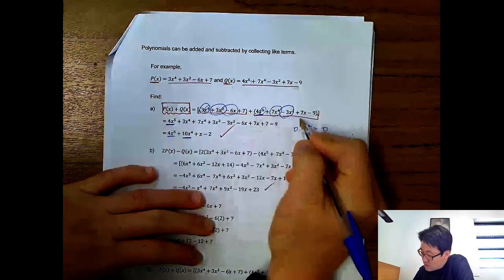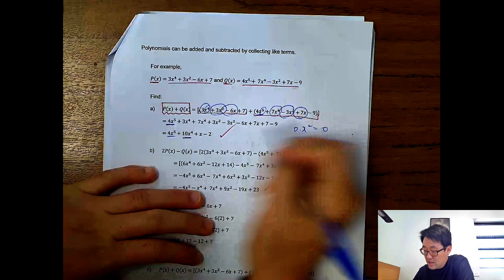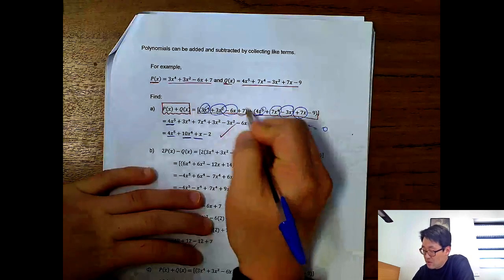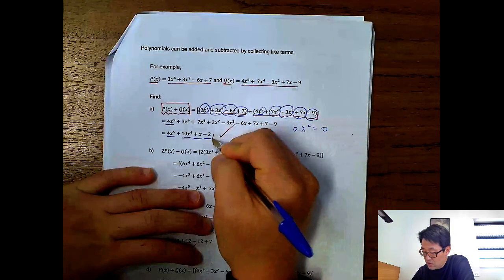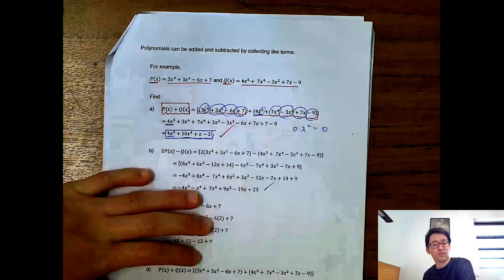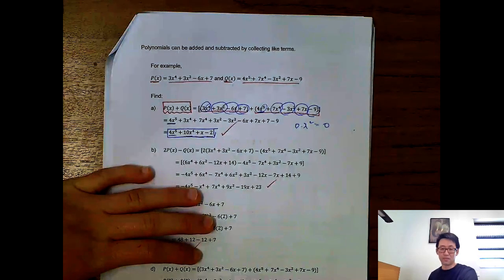Next, minus 6 plus 7, 1x, which is x, plus 7 minus 9 minus 2. So I get that. All you need to do is collect like terms.